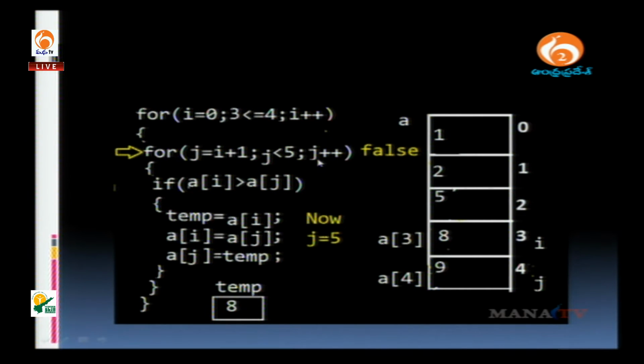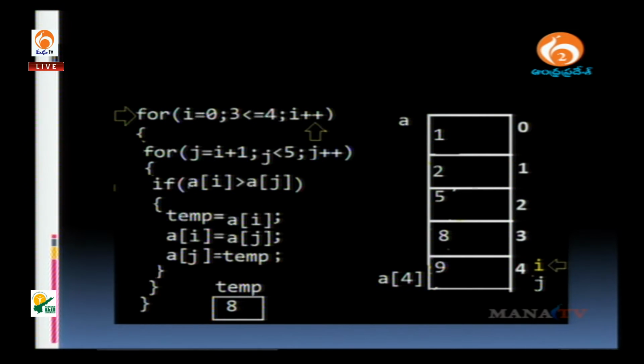Now j plus plus, j is incremented by 1, that is 5. j equal to 5, 5 less than 5, which is false. False means control comes out of the inner for loop and moves to the outer for loop.